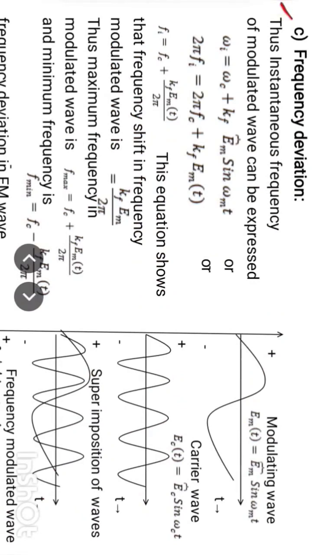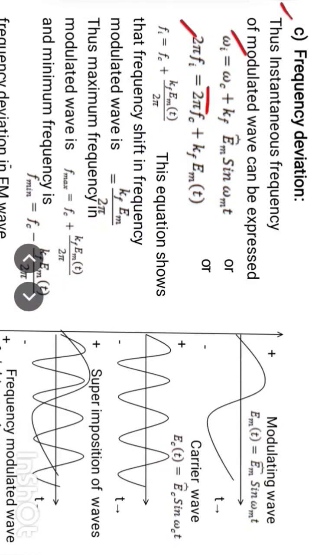Now C part, frequency deviation. How much frequency deviation takes place? The instantaneous frequency of modulated wave can be expressed as ω_i = ω_c + k_f E_m max sin ω_m t. Now since ω = 2πf, we can express this as 2π f_i = 2π f_c + k_f e_m(t).